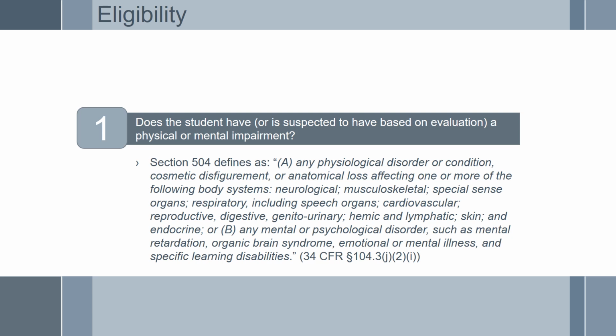Section 504 of the Americans with Disabilities Act defines impairment by giving a few examples, such as any physiological disorder or condition, cosmetic disfigurement, or anatomical loss affecting one or more of the following body systems: neurological, musculoskeletal, special sense organs, respiratory, including speech organs, cardiovascular, reproductive, digestive, genitourinary, hemic and lymphatic, skin and endocrine, or any mental or psychological disorder such as mental retardation, organic brain syndrome, emotional or mental illness, and specific learning disabilities.